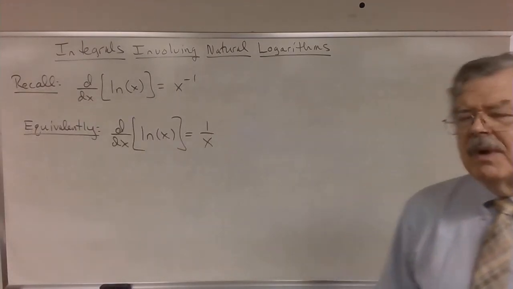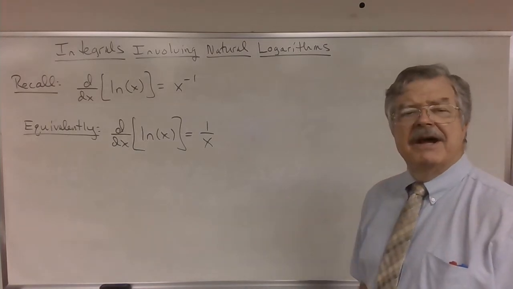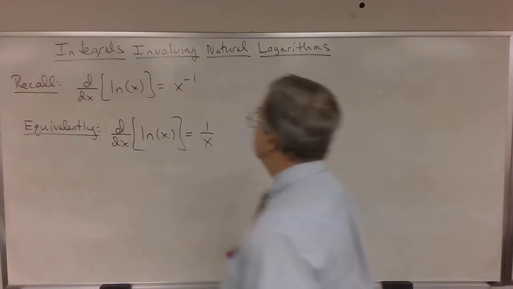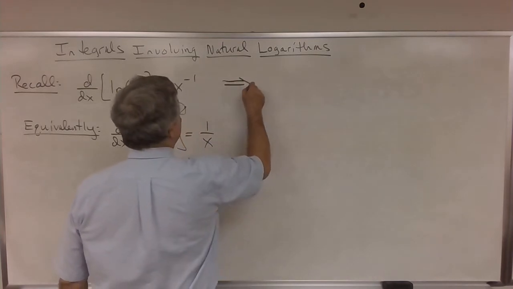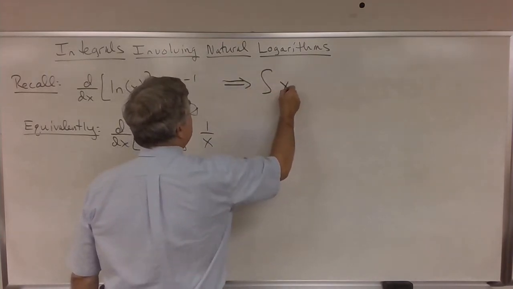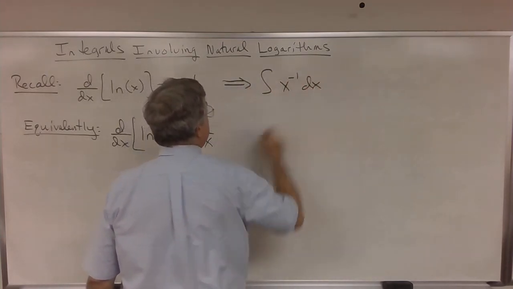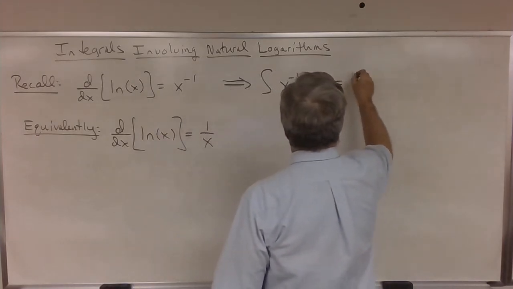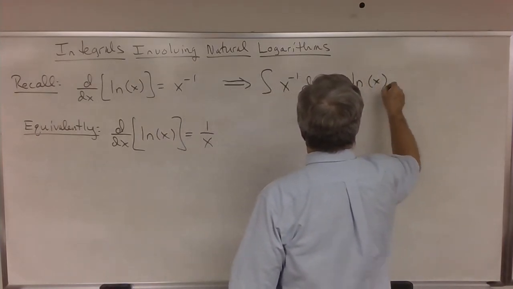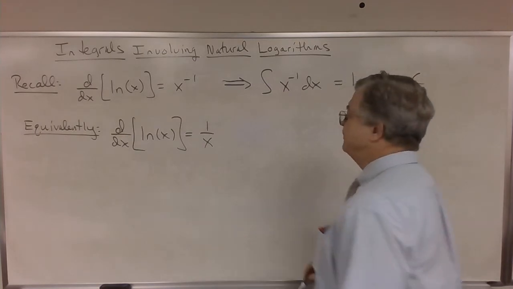And so according to what we know about antiderivatives or integrals, that would mean that the integral or antiderivative of x to the negative 1 is natural logarithm of x plus c.